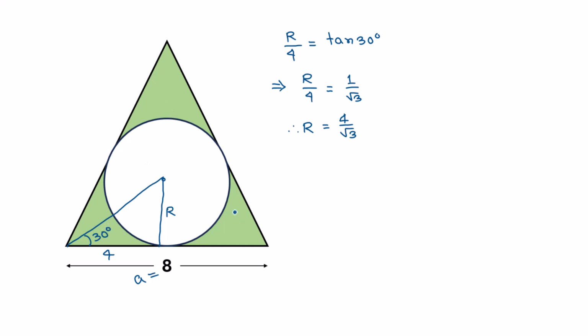So for the green region, if A is the area of this green region, this will be the total area of this triangle minus the area of this circle.